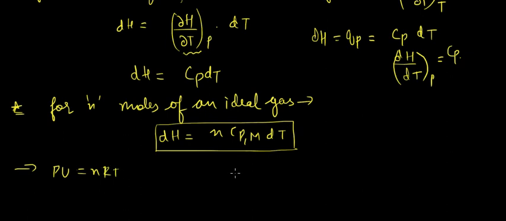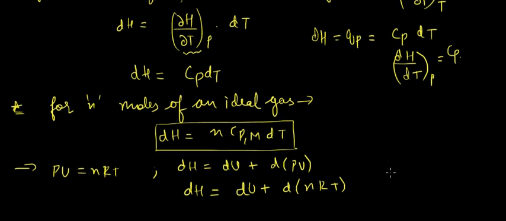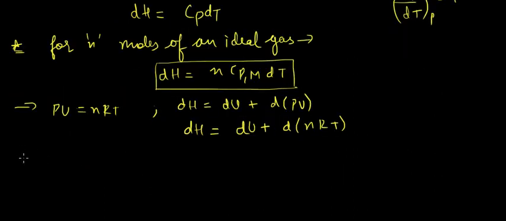And we also know that dH equals dU plus d(PV). So instead of d(PV) we can write dH equals dU plus d of nRT. So from this, let's take some cases of what happens for an ideal gas compression or expansion.